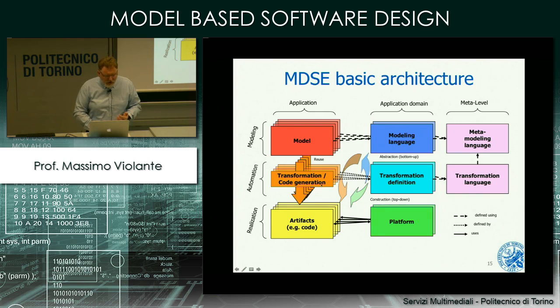So the code generation will produce an artifact that is based on the transformation rules, but it is also targeting a specific execution platform. Let me give you an example. Let's imagine that we have a Simulink schematic. We want to generate the code that has to be deployed on an embedded computer without an operating system.